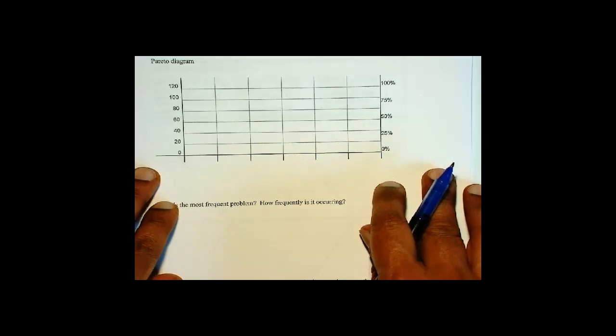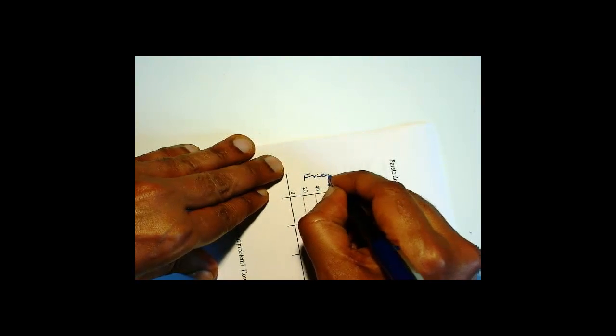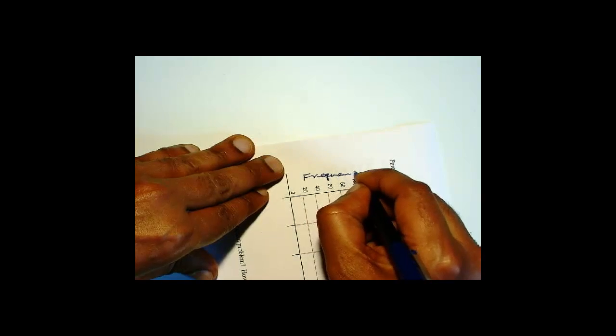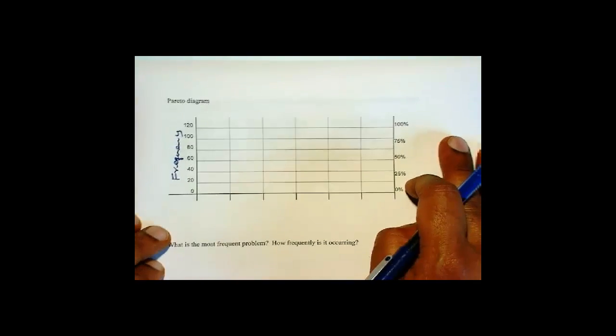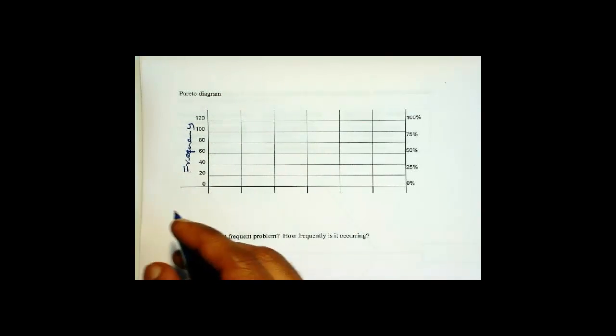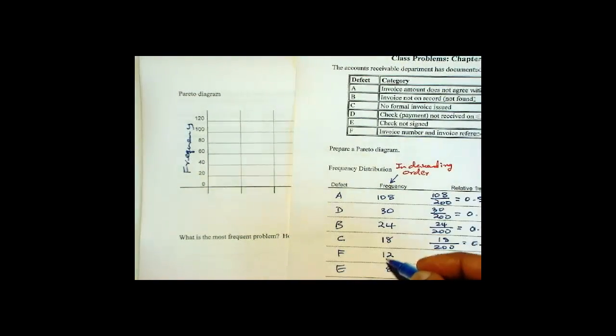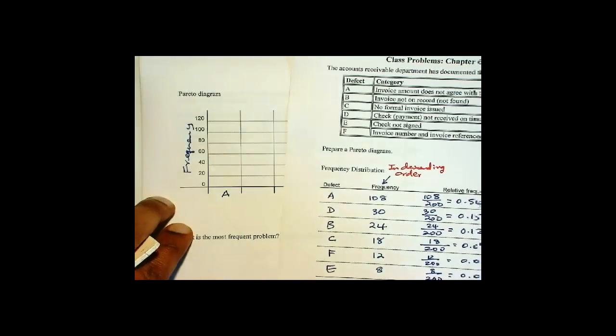So I have a little grid here, so we'll use this grid for the Pareto diagram. We're going to use the left-hand side y-axis for frequency, and we will plot these frequencies as bars. So the first one is A, 108.